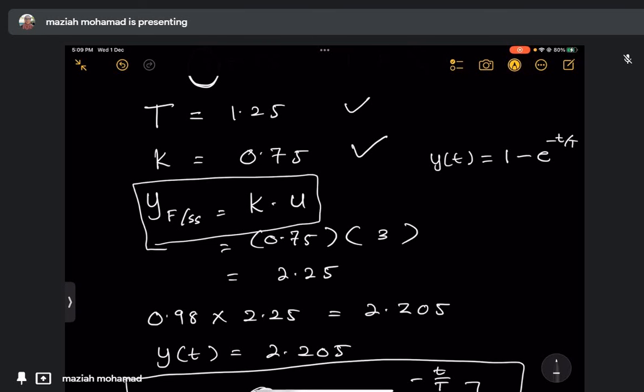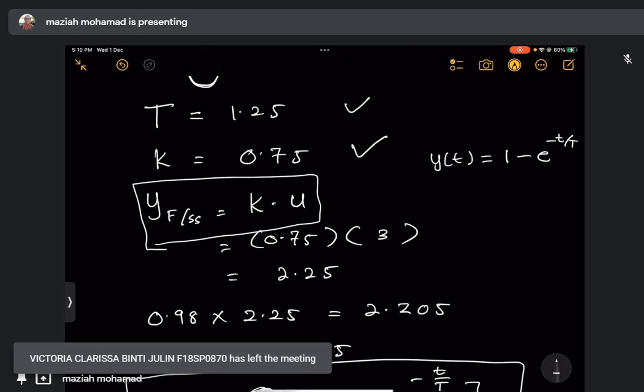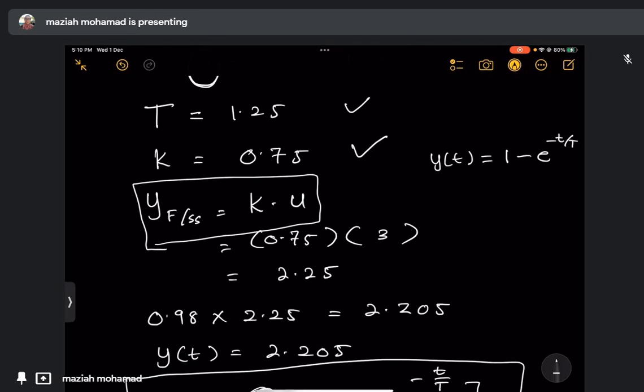In terms of calculation, this is like zero order, where you apply input, you get the output. But for first order, you can calculate the Y steady state at the steady state region only.